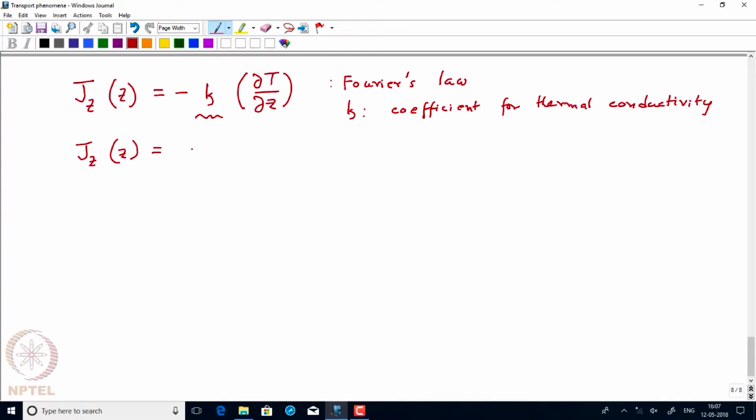Now let me just rewrite the value of Z. So it is minus 1/3 average velocity times the mean free path times the number density multiplied by the quantity that is being transferred and divided by the spatial derivative. Now here what is Q? Q is basically the amount of energy, because it's heat transport, carried by every molecule.